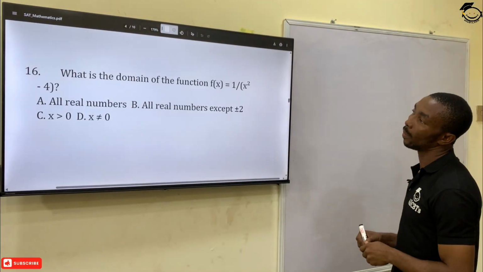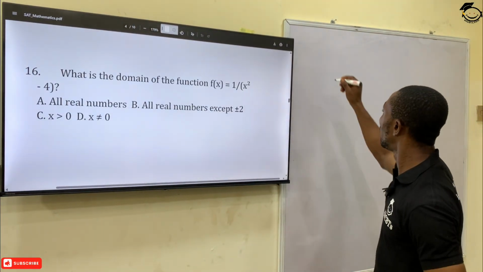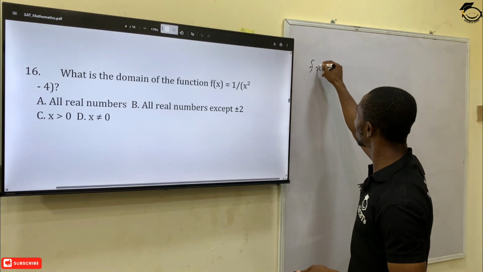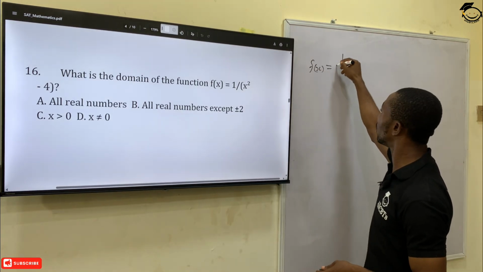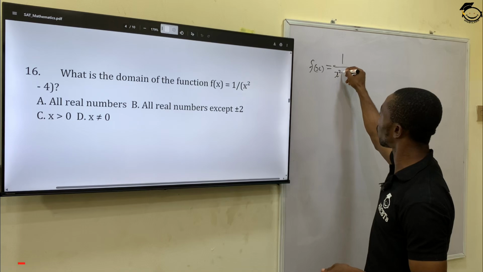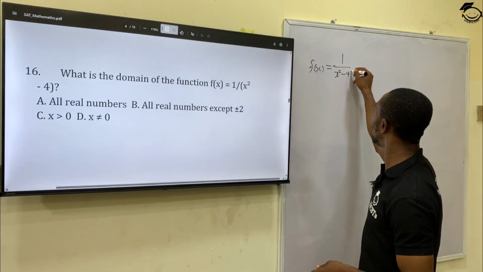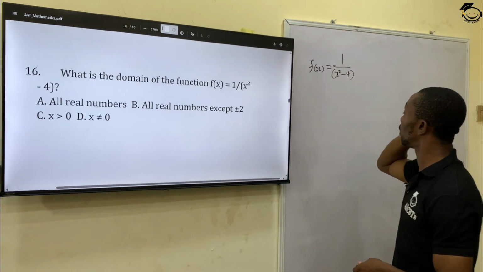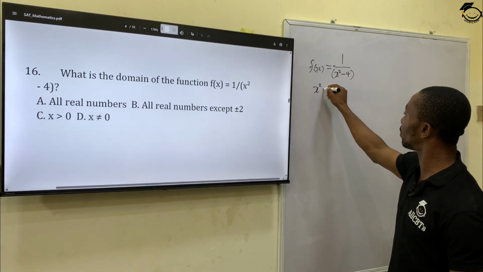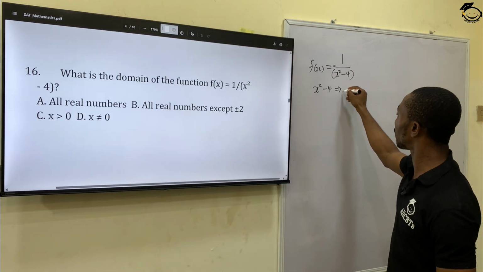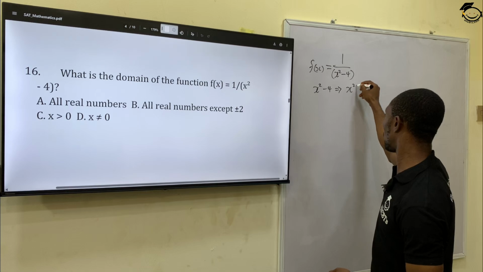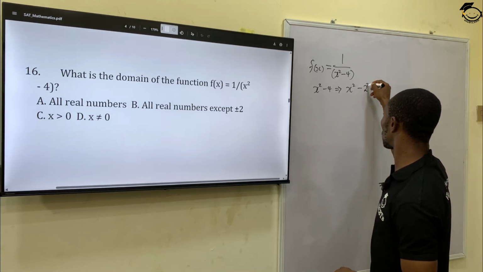What is the domain of the function f(x) equals 1 over x squared minus 4? Alright, looking at our denominator here, we have x squared minus 4, which we can rewrite as x squared minus 2 squared.